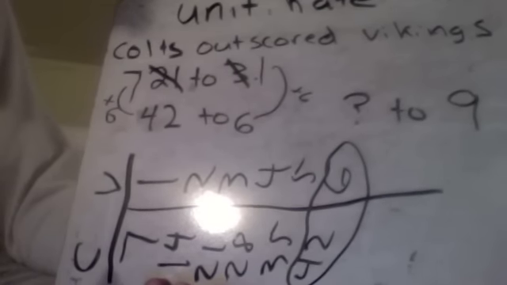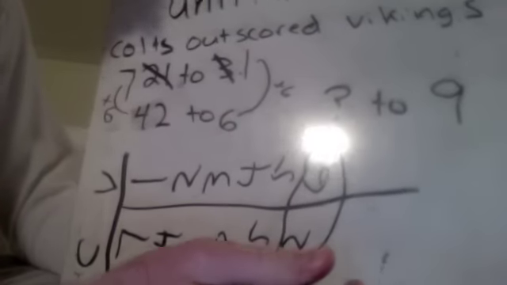Now over here, it's going to be a little bit different. We don't know how many the Colts got, but we do know that the Vikings got 9. Okay, so let's look at our original ratio again here. I'm going to write it up here. We changed it from 7 to 1.